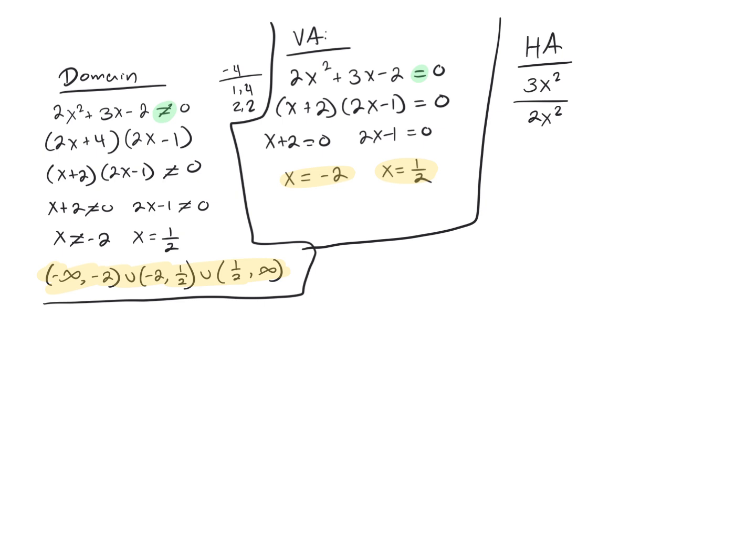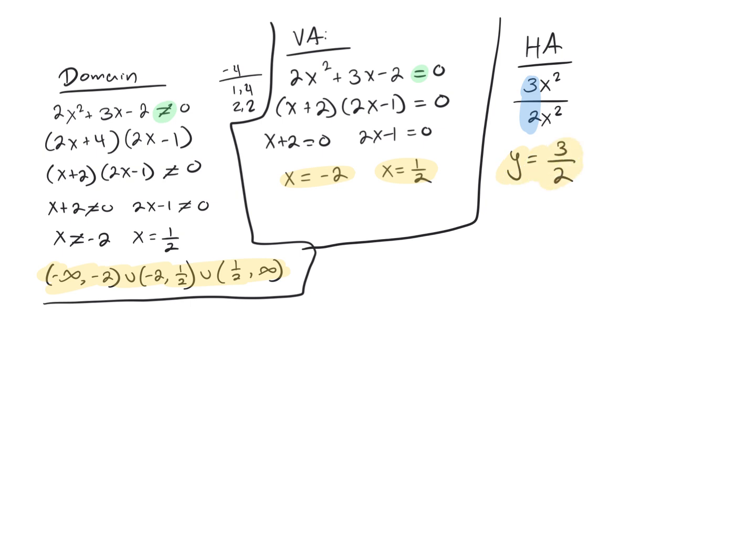When it has the exact same degree on the exponent, we only care about the leading coefficient. The leading coefficient in this case is 3/2. So my horizontal asymptote is going to be y is equal to 3/2. That's all you have to do for this problem for the vertical asymptote and horizontal asymptote.